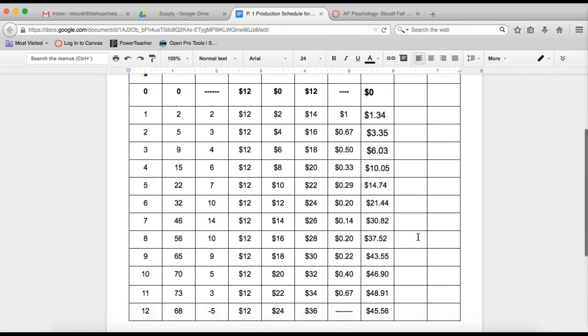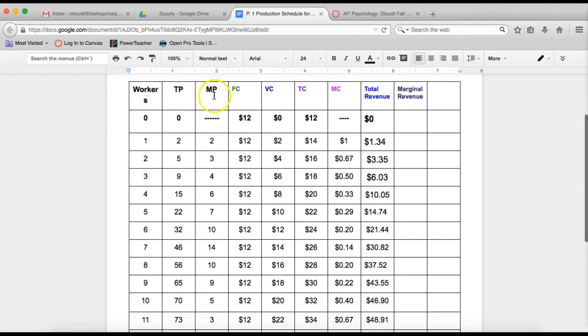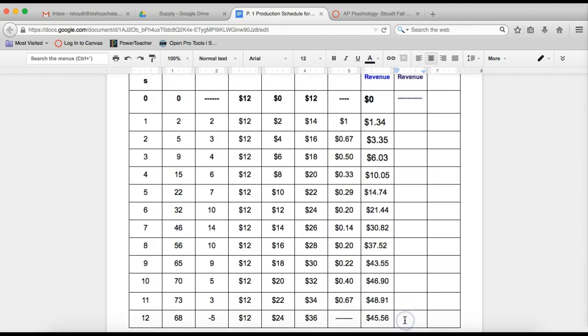The only difference is, just like our other marginal columns, marginal product and marginal cost, you can't do marginal revenue at 0 workers and you can't do marginal revenue at 12 workers. The reason is that at 0 workers, we didn't add anybody, we didn't change anything. At 12 workers, we have a negative marginal product.